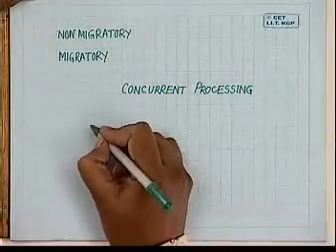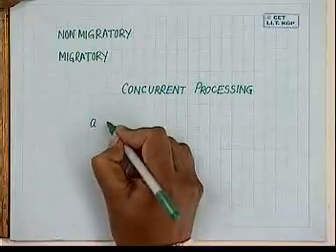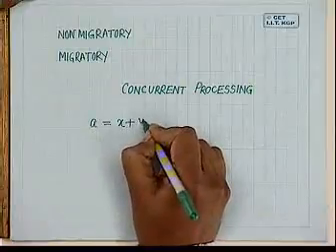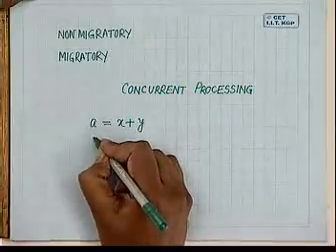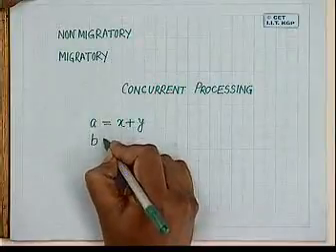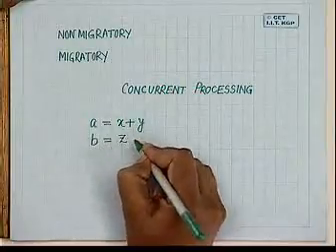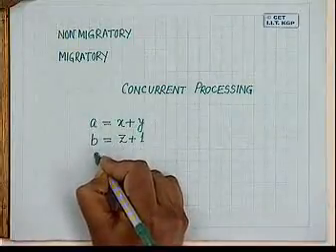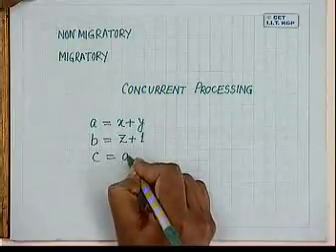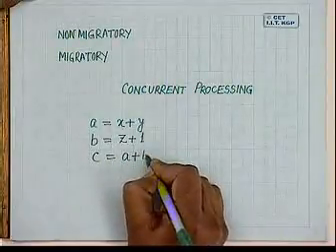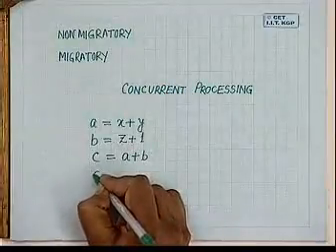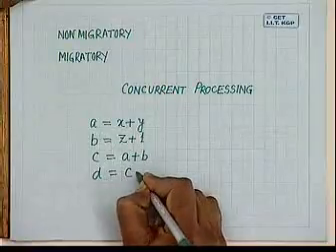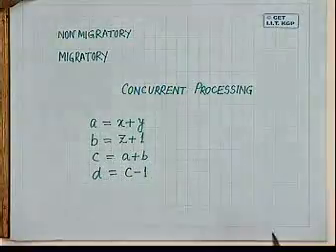Say I have statements of the form A = X + Y, that is one statement. Similarly, I can have another statement, B = Z + 1. Maybe C = A + B. And we can have another statement of the form D = C - 1.